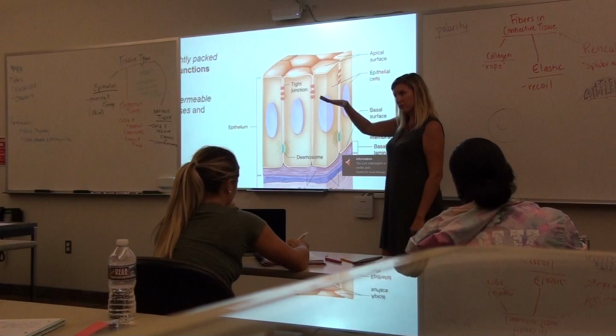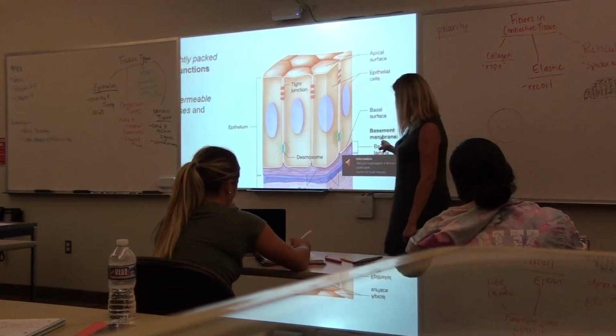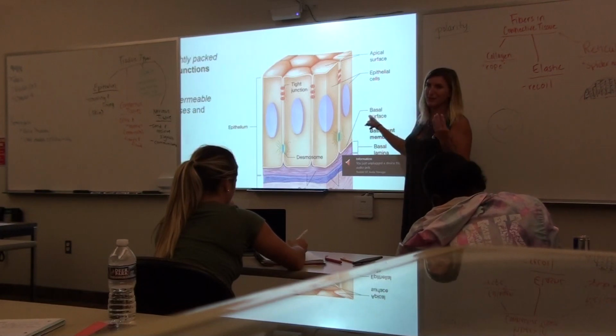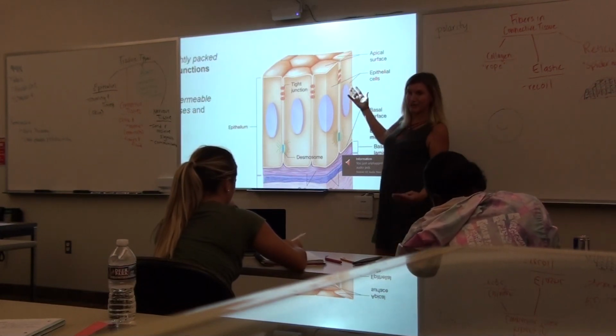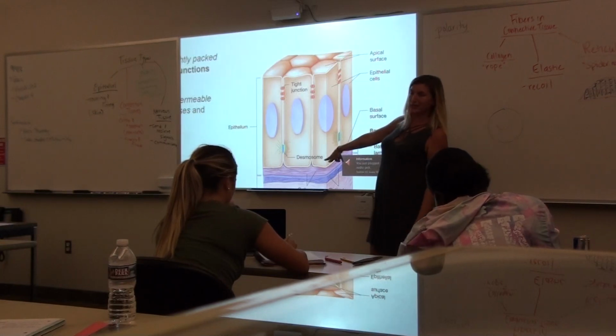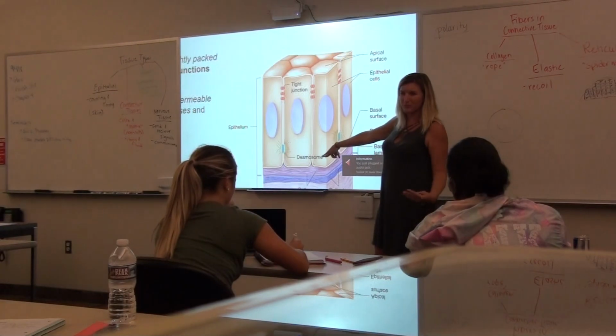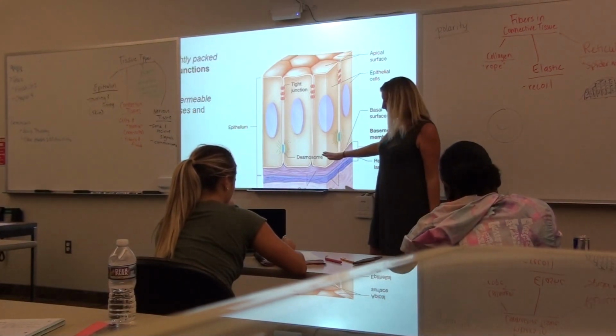The apical surface is the top. The basal surface, or sometimes it's referred to as the basolateral surface, it's all the same thing. If it's not apical, if it begins with a B, it's the bottom. That's the trick there. It's the same thing, it's the bottom.